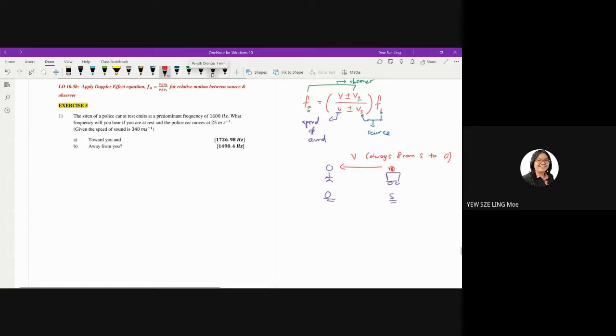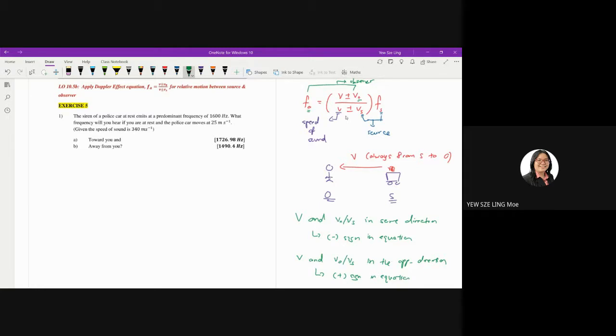So if V and VO or VS are in the same direction, then we use negative sign in the equation. If they are in the opposite direction, then we use positive sign in our equation. So that is how we determine the sign convention.